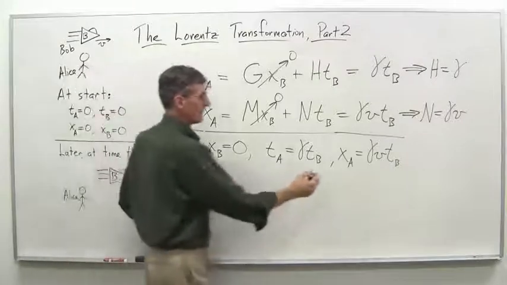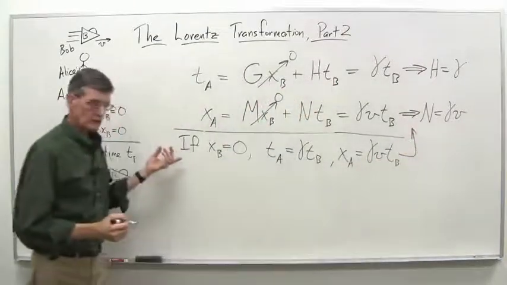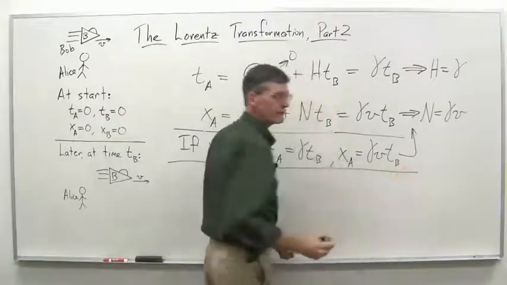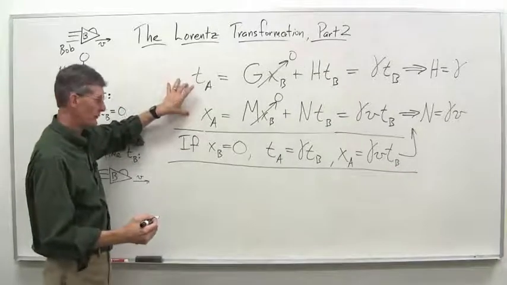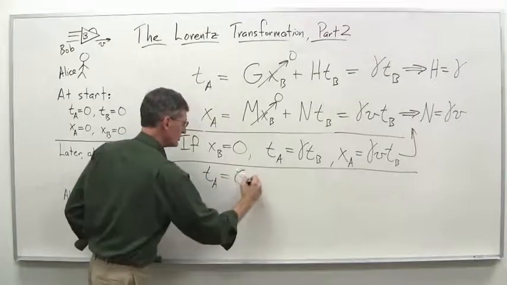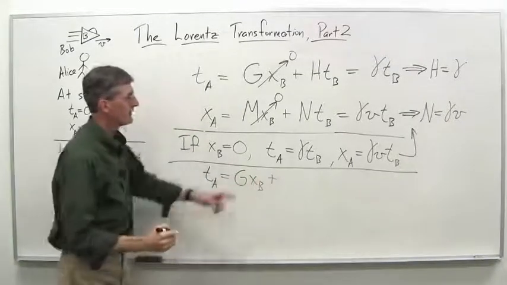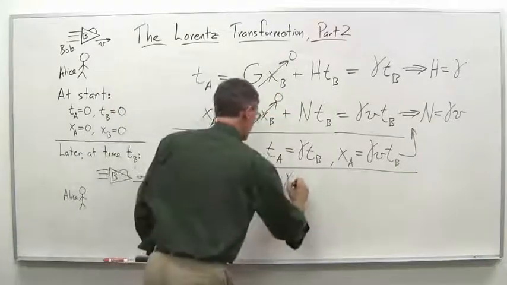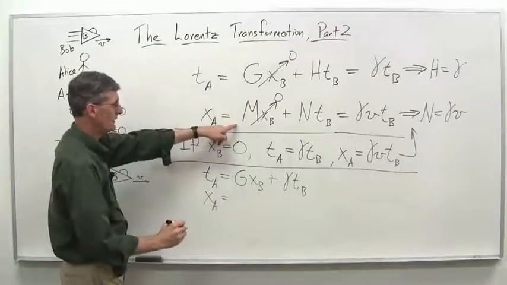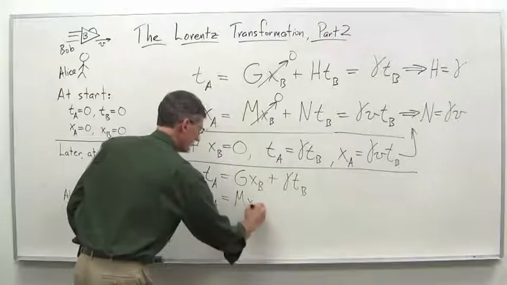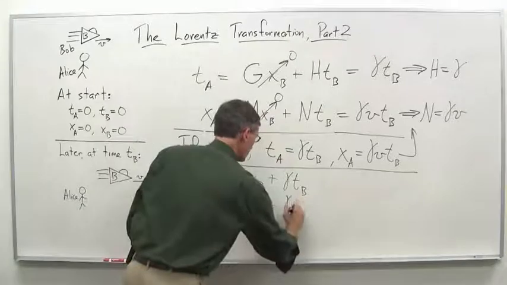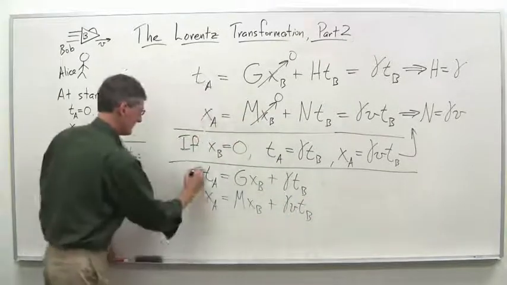The way we got this is we applied our special case, XB equals 0, to those general equations. Therefore, we're halfway there, because now we can write our general equations like this. TA equals G XB plus H, which is gamma, plus gamma TB, and XA equals M times XB plus N, which is gamma V TB.